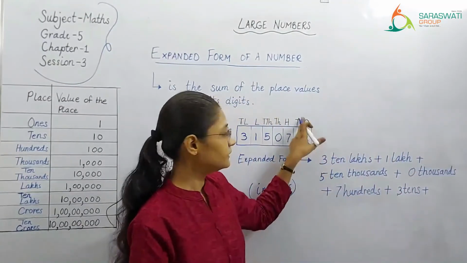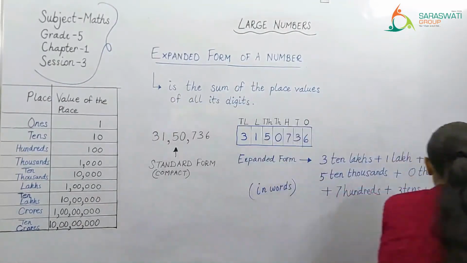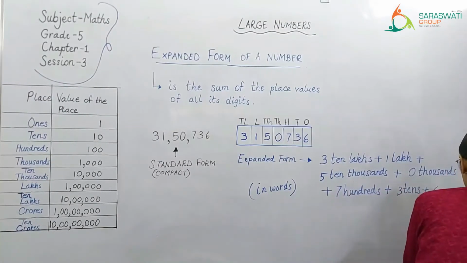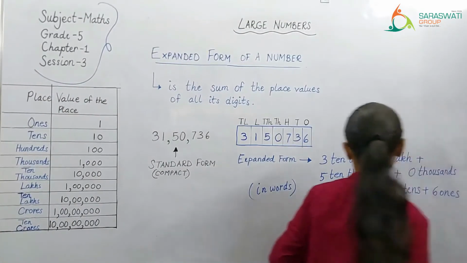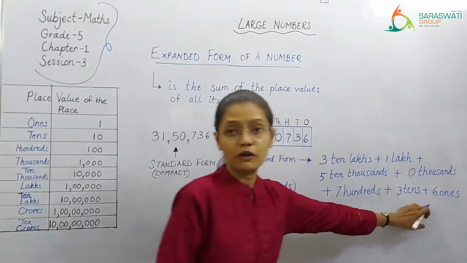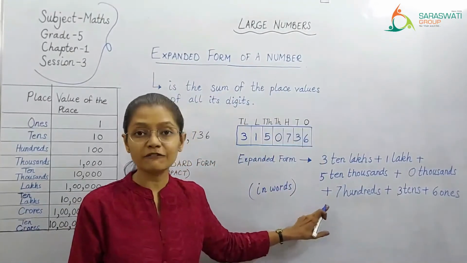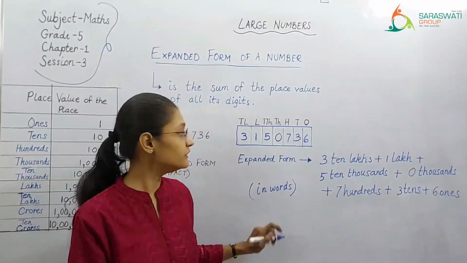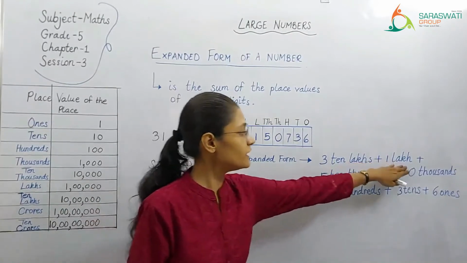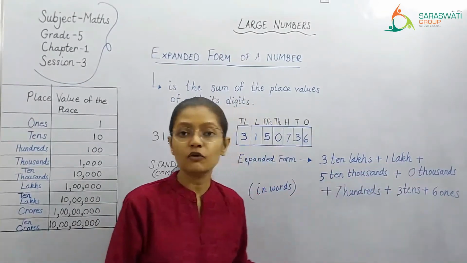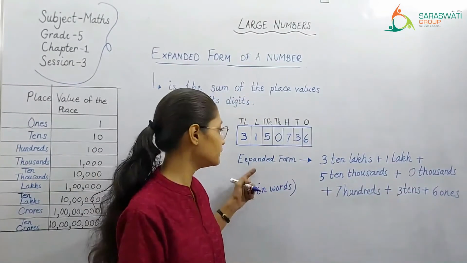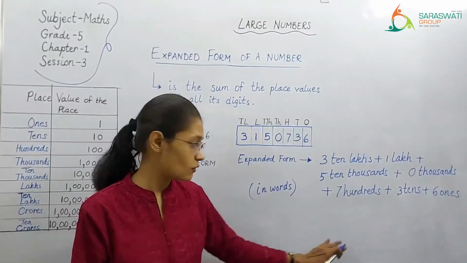Add 6 ones. So here we have written the expanded form in words. That is, the place values of each of the digits are written over here in words. Now let us write the expanded form in figures over here.